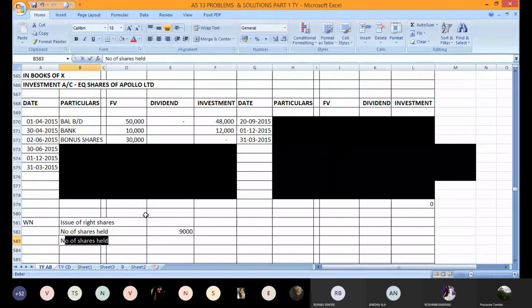Now, number of right shares in ratio of 1 share for every 2 shares held. This we said will be 4,500. Right. Up to this, everybody has followed, understood?